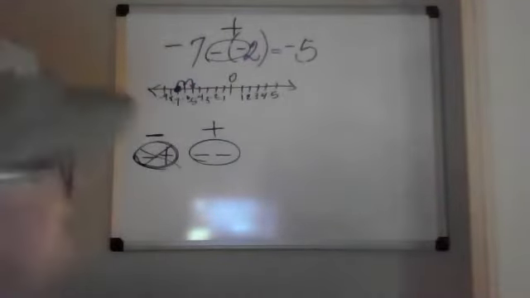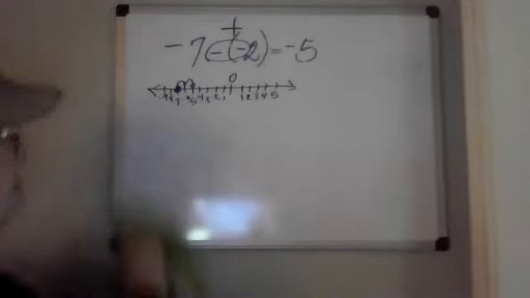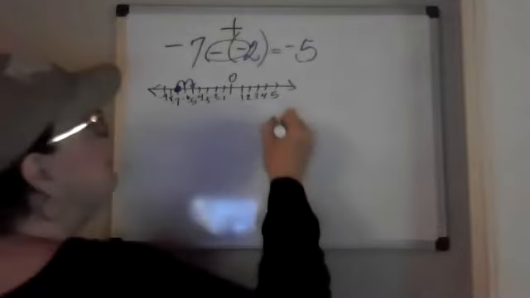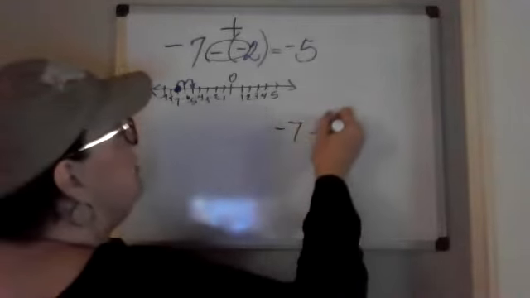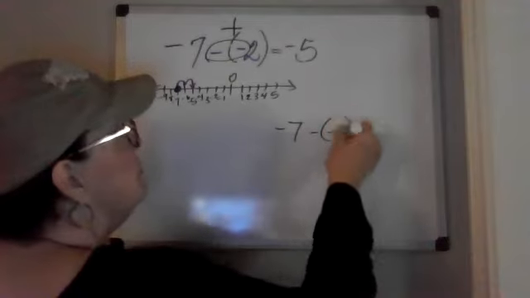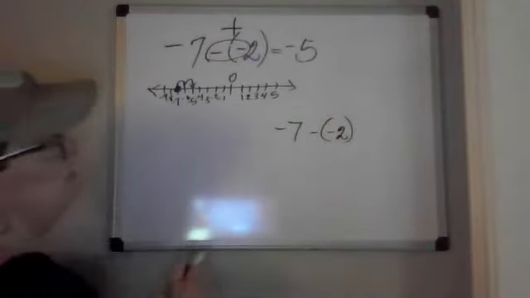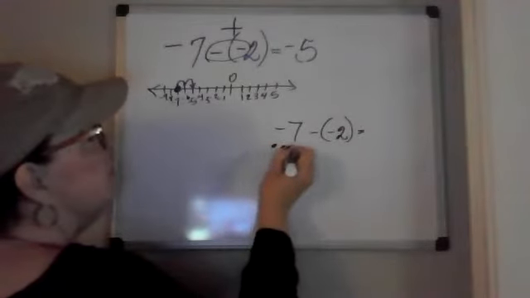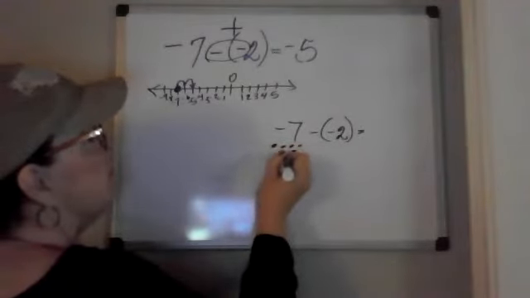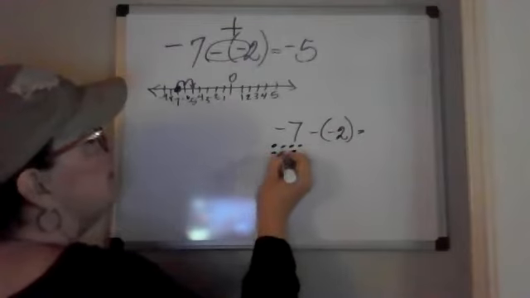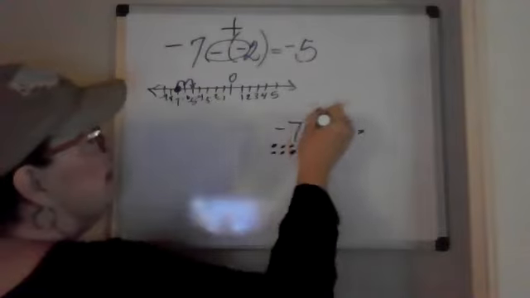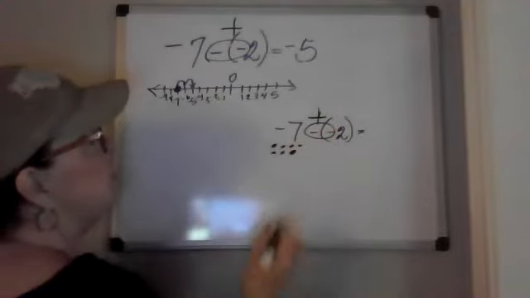Let's look at the disk method. -7 minus -2 equals. So this is going to be 1, 2, 3, 4, 5, 6, 7. We have to use the two negatives will become a +2.